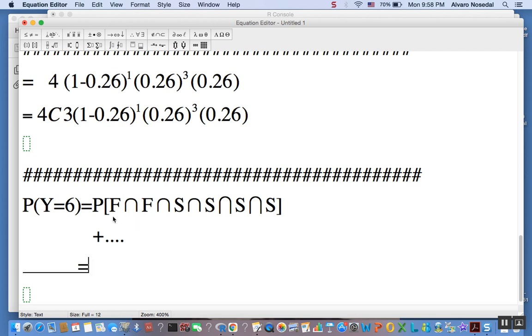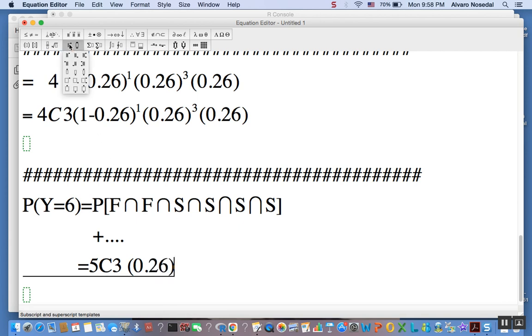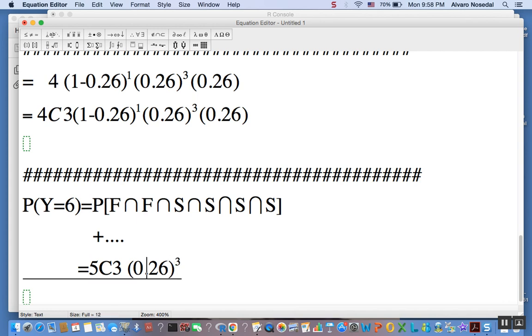So in that case, it would be 5 choose 3, the probability of observing 3 successes out of 5 trials, times the probability of success 0.26 cubed, times the probability of failure to the power of 2, (1 minus 0.26) squared, and those are only the first 5 trials.